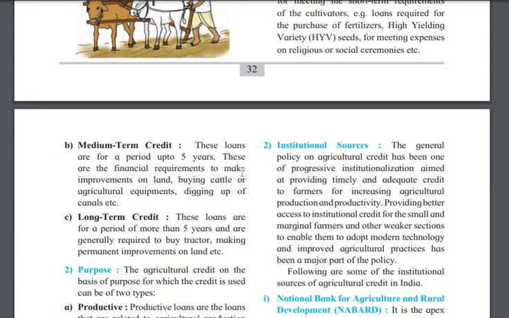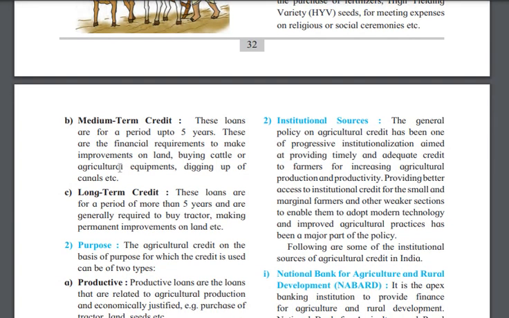And if I talk about the medium term, what is it? A medium term loan is one which you have to pay back within 5 years, and these are the financial requirements to make improvements on land.